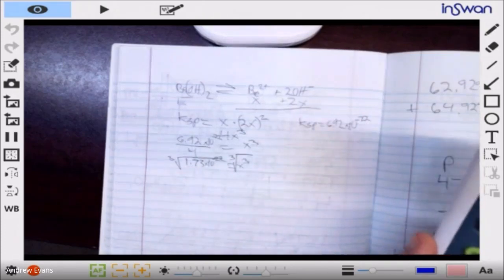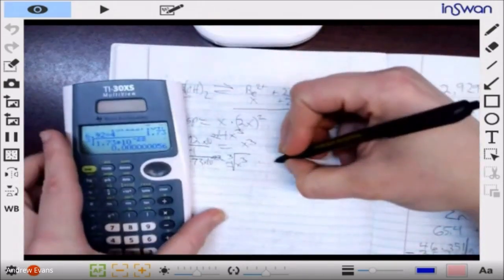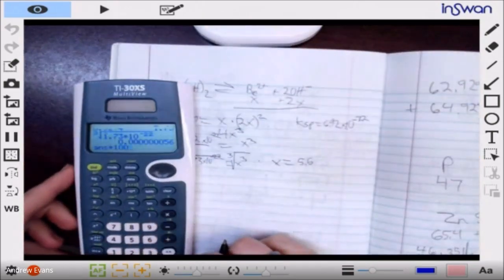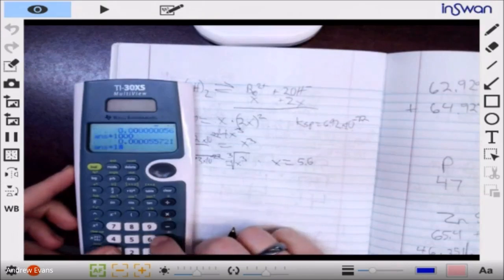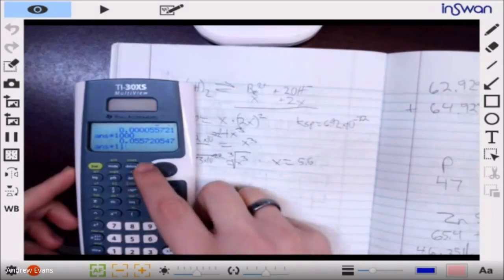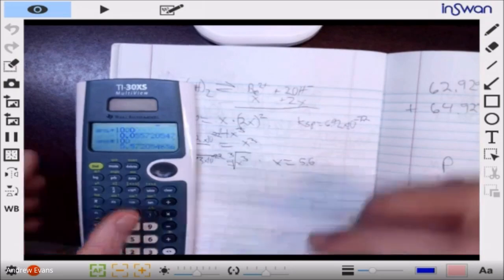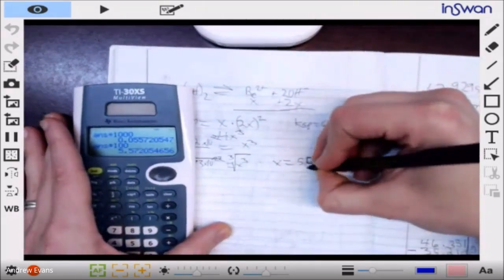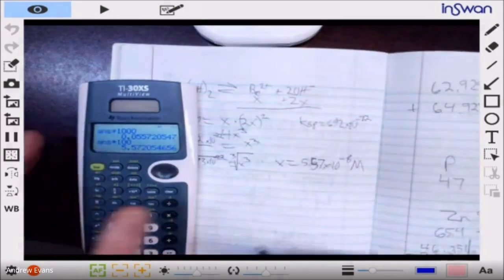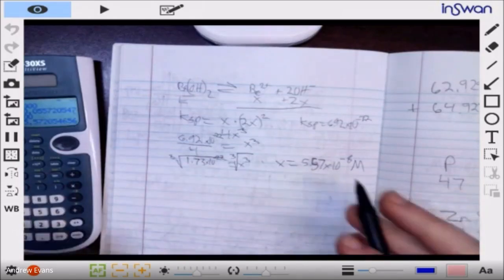You do that, and x is equal to 5.57 times 10 to the negative 8th. That is the amount of x.